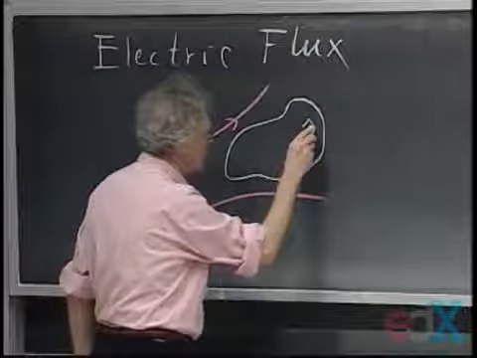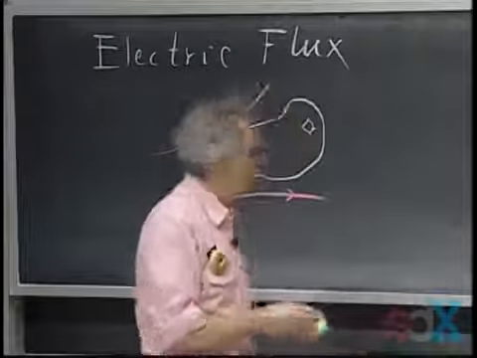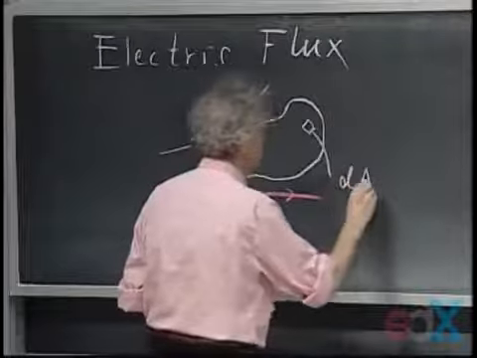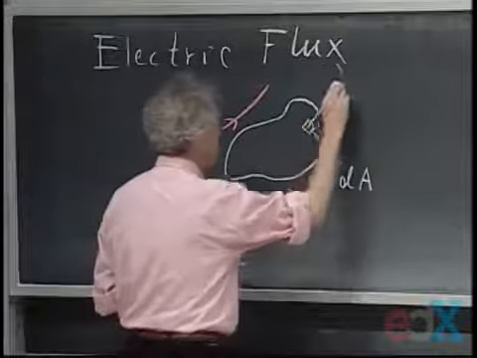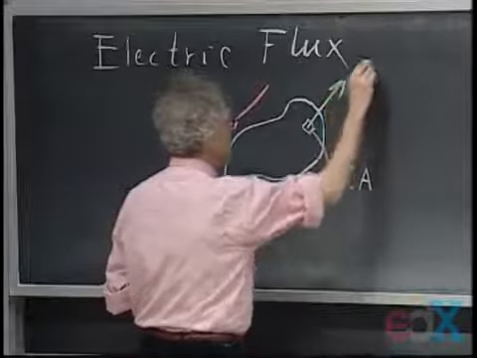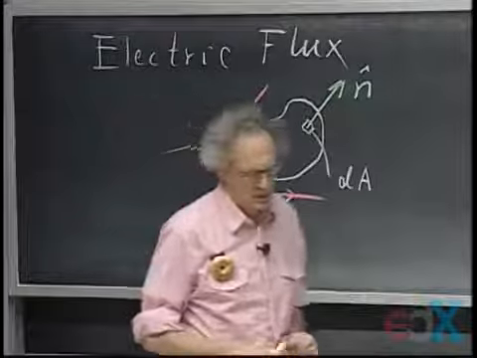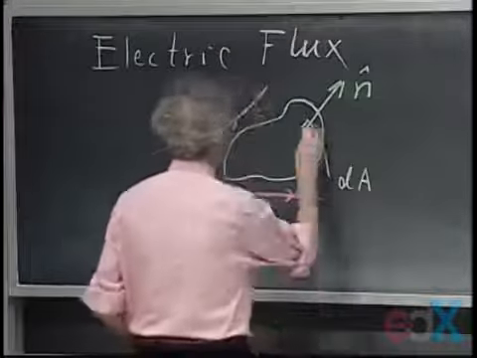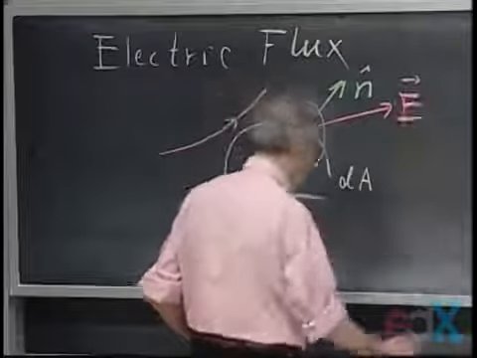And I carve this surface up in very small surface elements, each with size dA, that's the area, teeny weeny little area, and let this be the normal n-roof, the normal on that surface. So now, the local electric field, say at that location, would be, for instance, this. That's a vector.